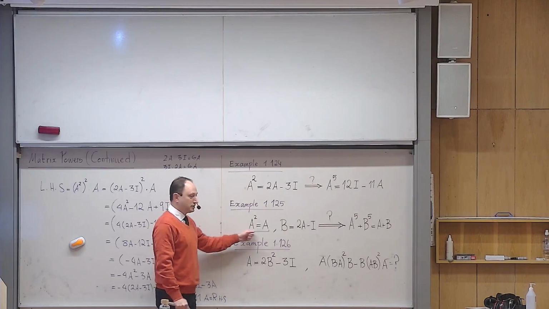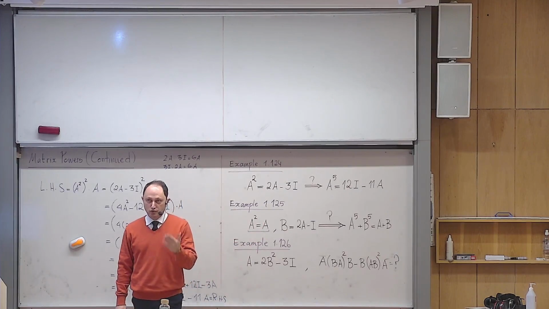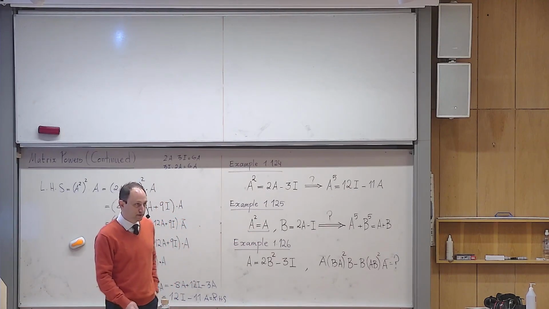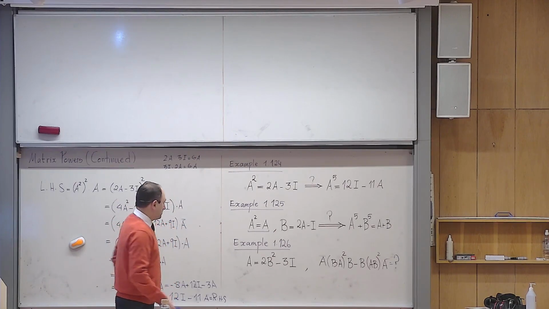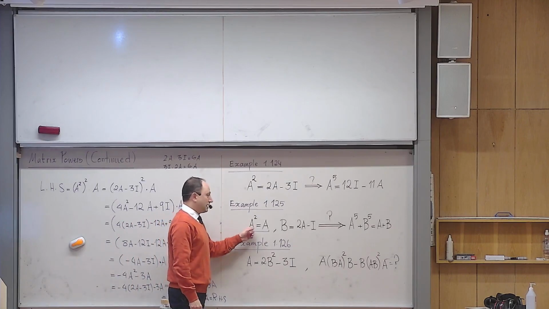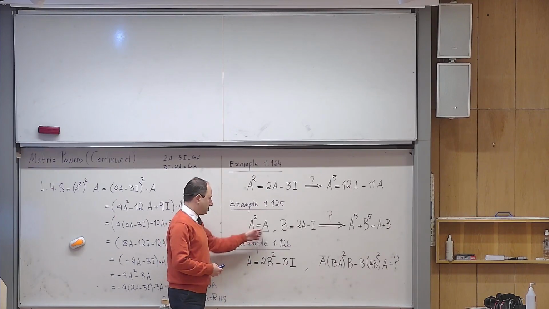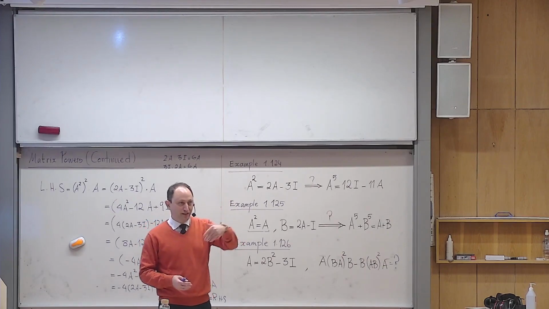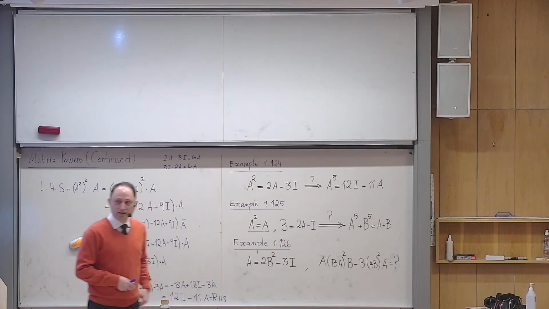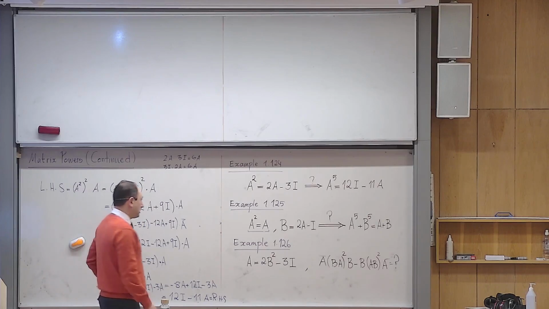If a matrix squared becomes equal to itself, and you gave me an example, one possibility is to consider A to be I, but is I the only possible answer? We saw that no, you gave me an example, it didn't work, and then you fixed that, if you remember. Was it called an idempotent matrix? Yes, it's called an idempotent matrix.